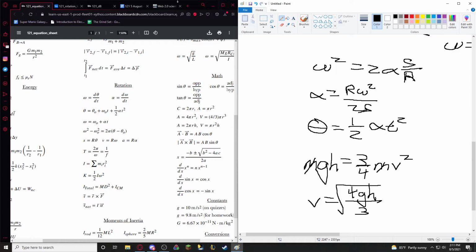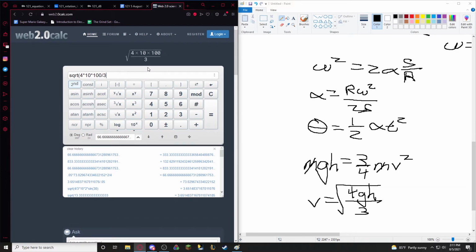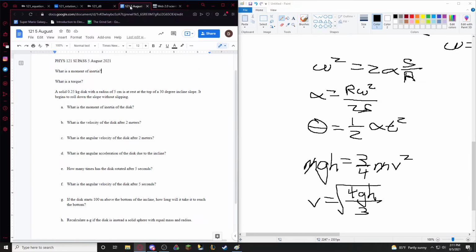And what would this final velocity value be? It's going to be moving at about 36.5 meters per second.